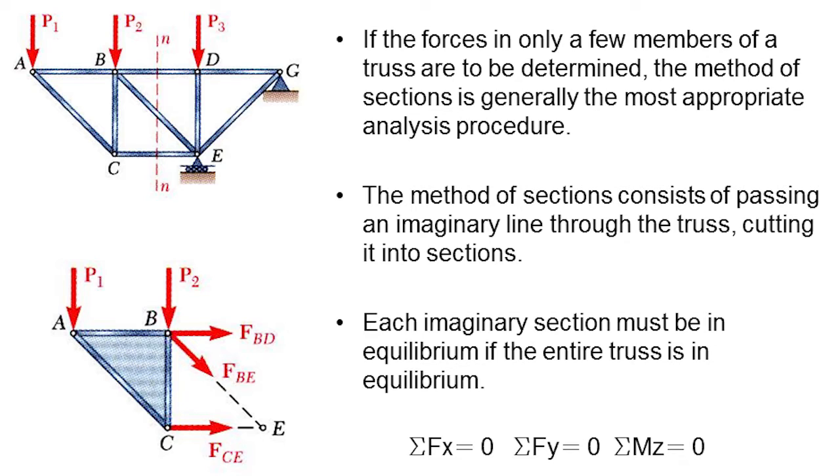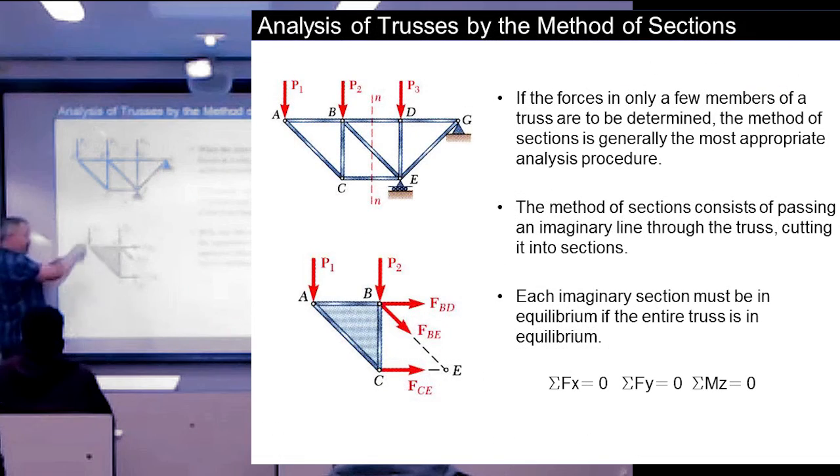So if we were to look vertically, we've got P1 coming down, P2 plus FBE sine that angle. Those are horizontal, so you just ignore them. Or if you look in a horizontal direction, you would ignore these two because they're coming downwards.